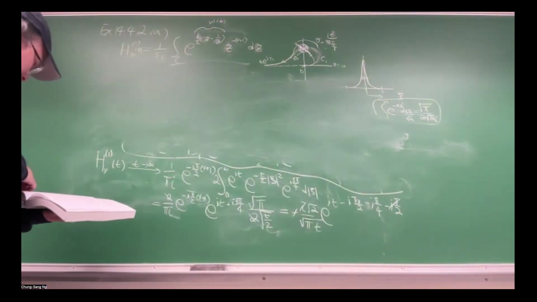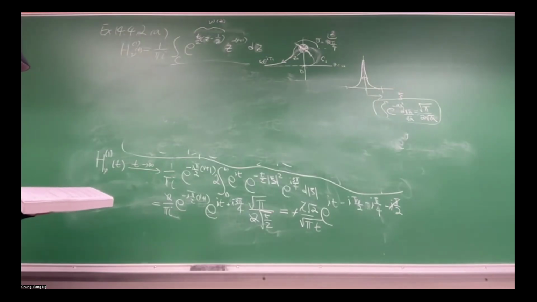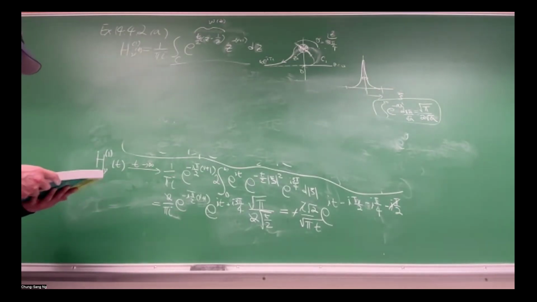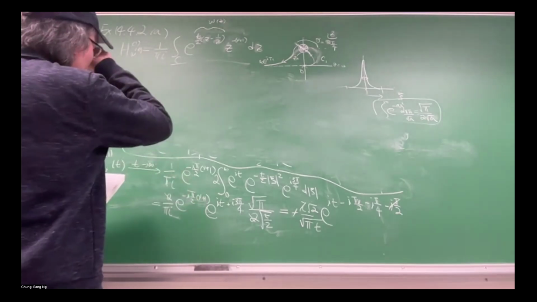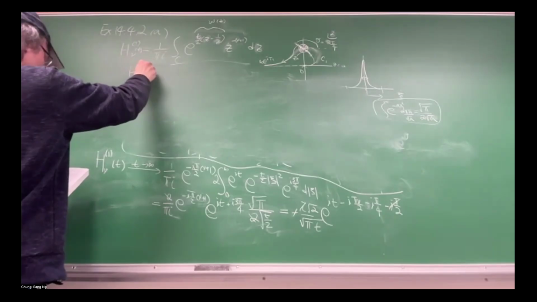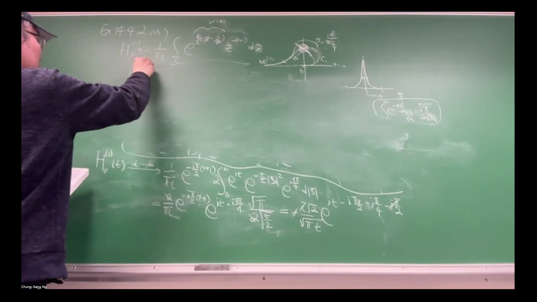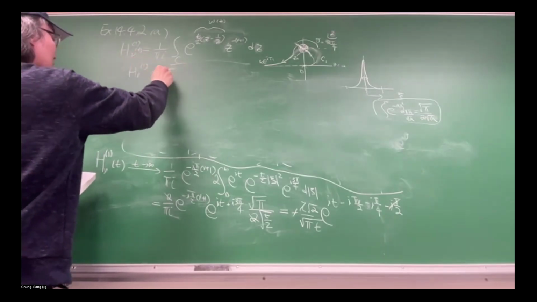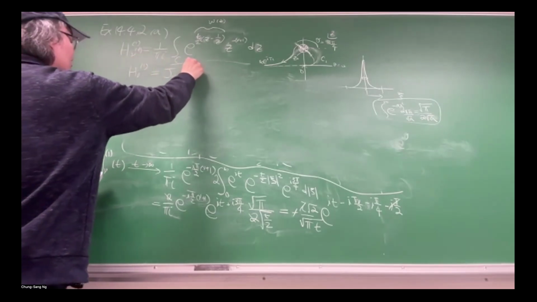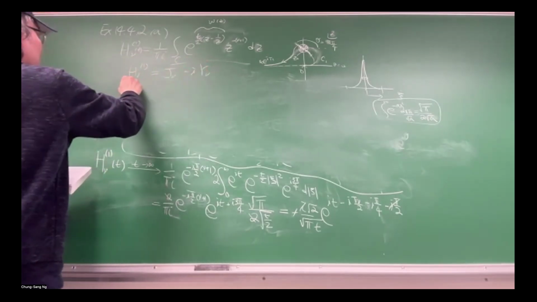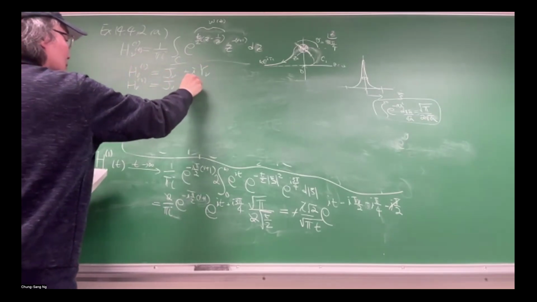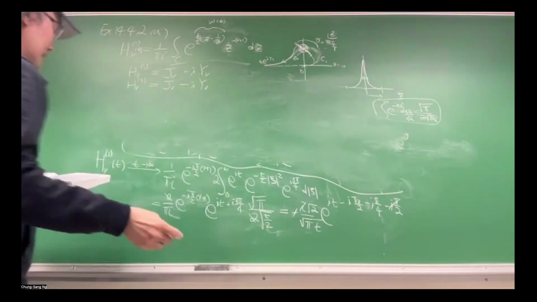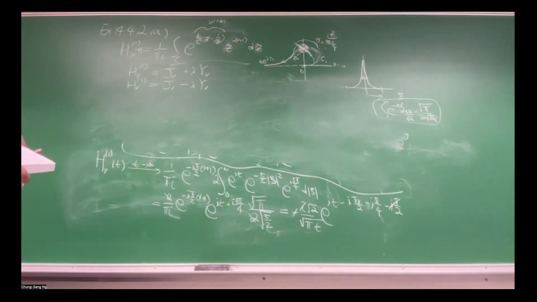Because we start out with the definition of the Hankel function defined in 14.77, H nu 1 is J nu plus I Y nu. H nu 2 basically is the complex conjugate for real argument. So that's the 2.